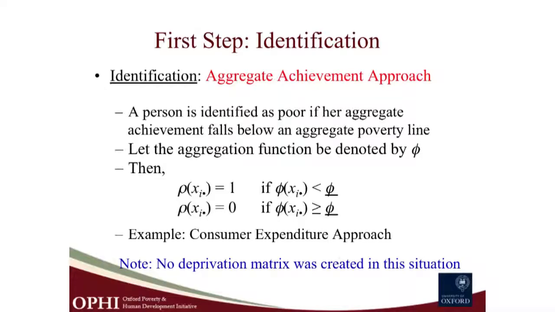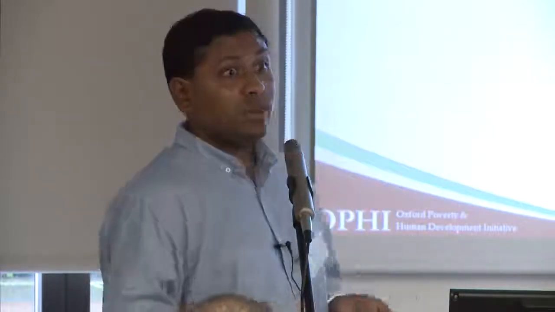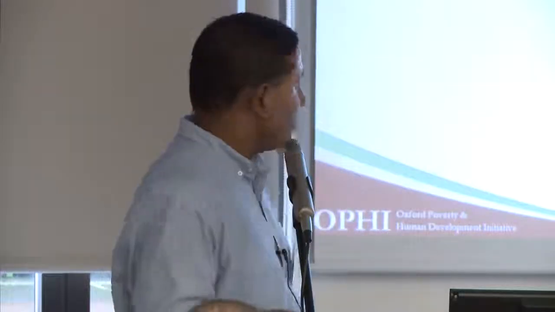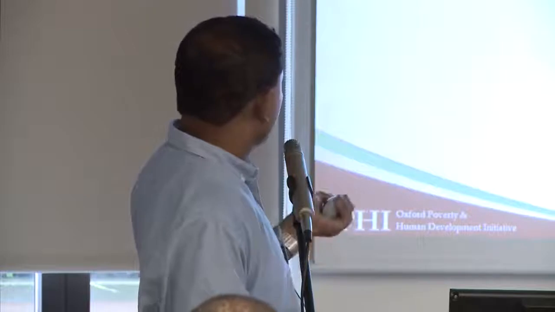There are methods people have proposed, but I am not sure how they aggregate. But that's the question that we will see, why some methods can be used in the multidimensional context and what cannot be used. As long as you can meaningfully aggregate, that's fine, as in the income or other approaches, but here in this example we are not sure. But this approach is used in general by some folks.